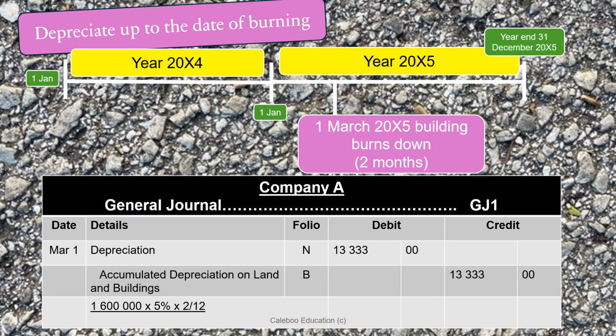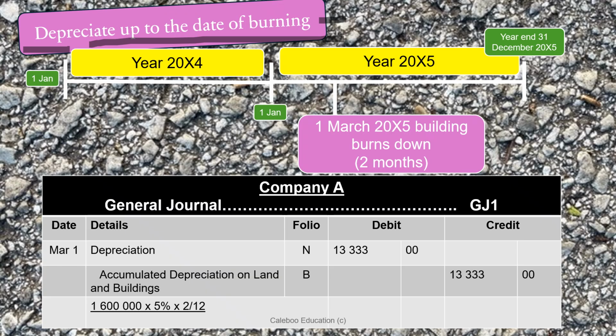According to our asset disposal rules, it's normally depreciate up until date of sale. But what happened in this case is the building wasn't sold, it burnt down, and we're going to receive money from insurance. But we still need to depreciate up until the date of the burning.